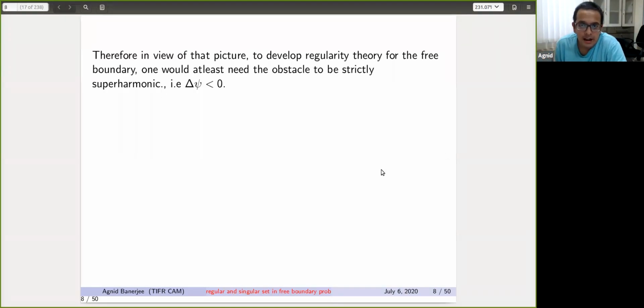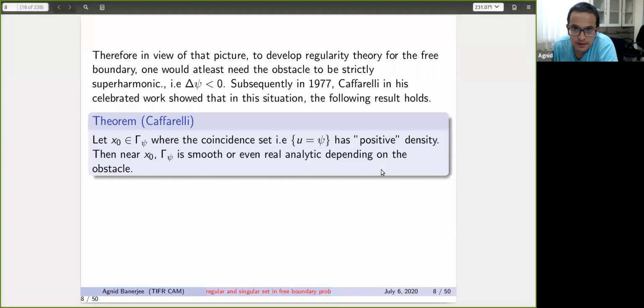Now the next question would be what happens if you put in this minimal assumption that is required in view of this previous picture. Suppose you insist that the obstacle is strictly superharmonic. To that, it was shown by Luis Caffarelli in his groundbreaking work back in 1977 that in such a situation, you have the following regularity result for the free boundary.